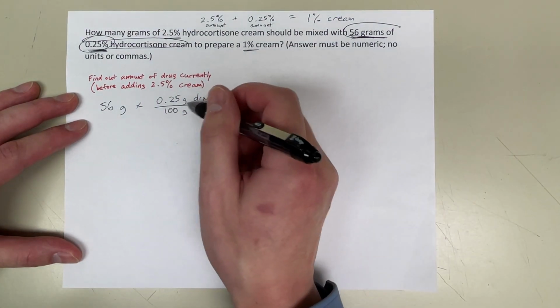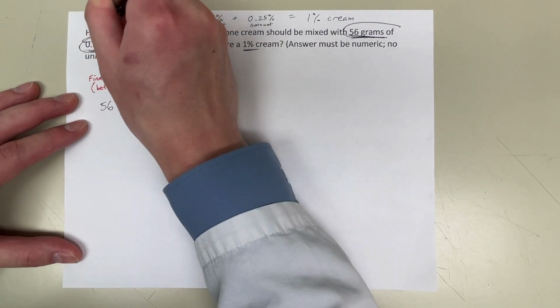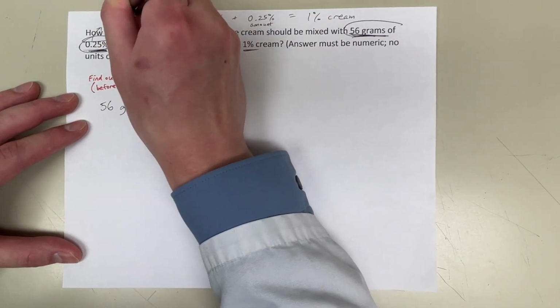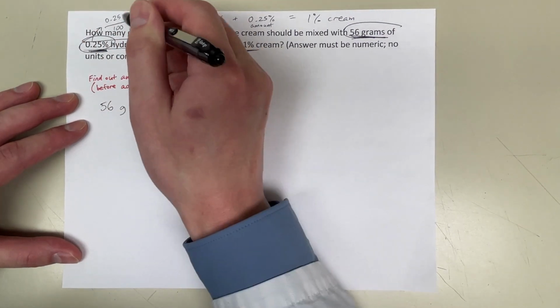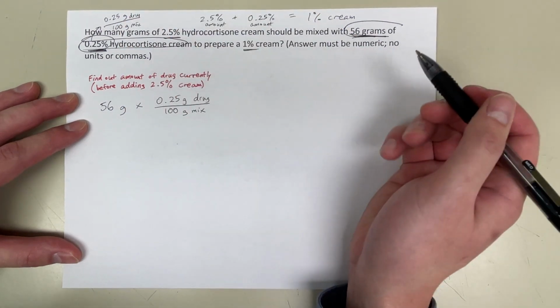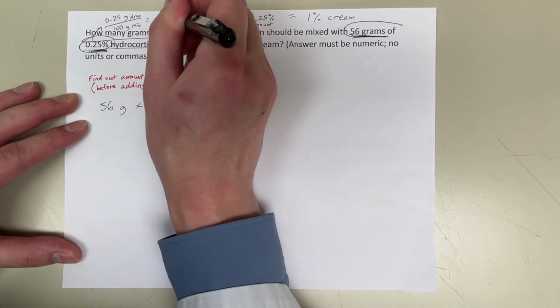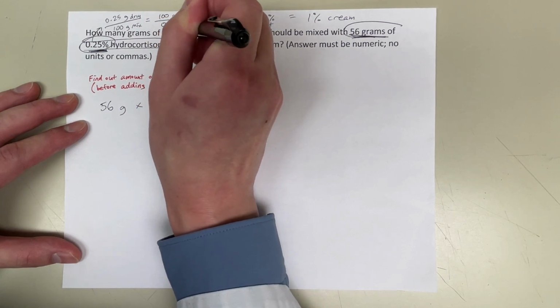I know to use this because 0.25% could mean 0.25 grams of drug over 100 grams of mix, or it could also mean 100 grams of mix over 0.25 grams of drug.